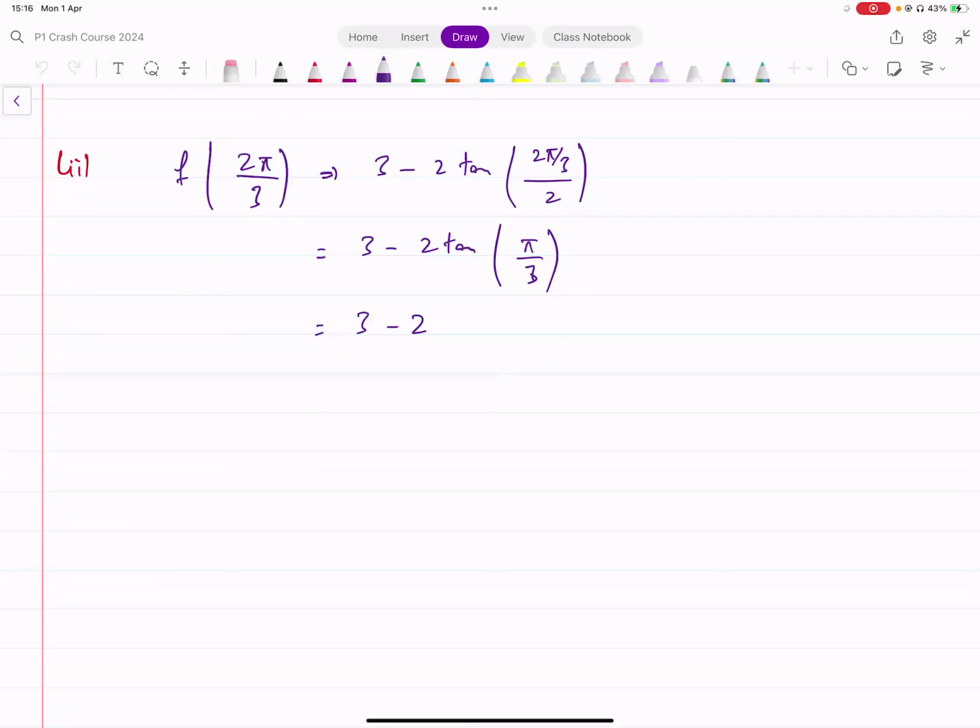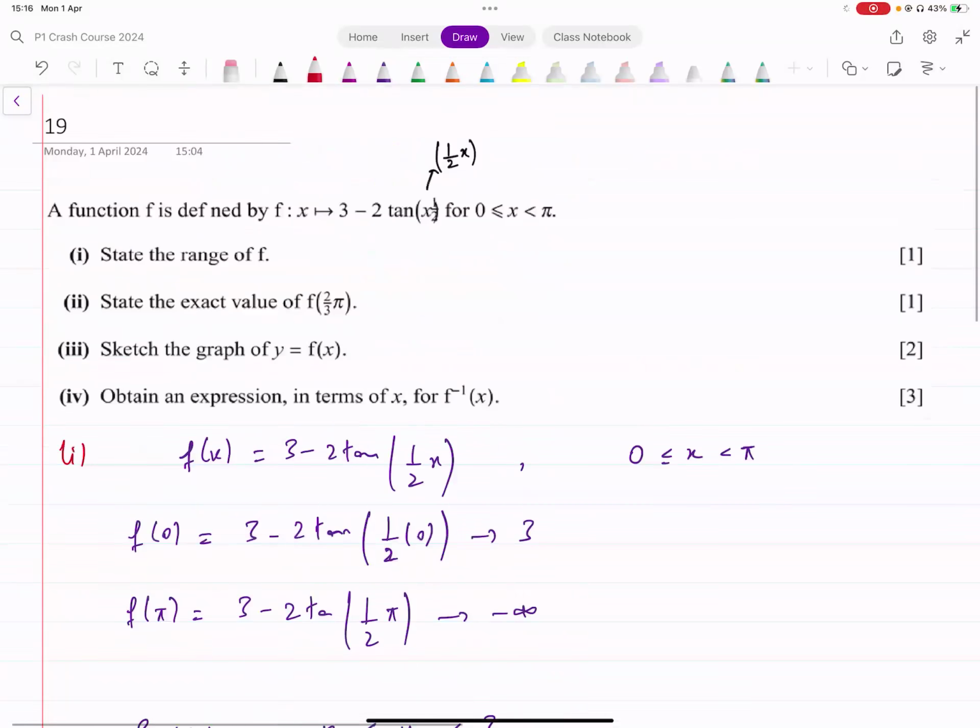Tan pi over 3 is tan 60. I think it should give you under root 3, right? Let me confirm this. Tan of pi divided by 3, that's under root 3. So that's the exact value, 3 minus 2 under root 3. Okay, that's what we were looking for in the second part.